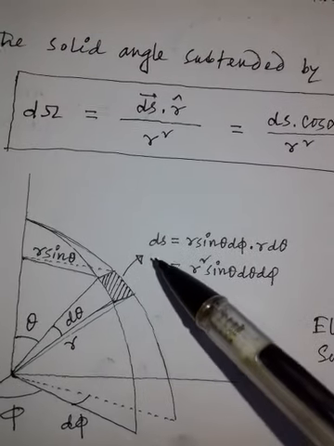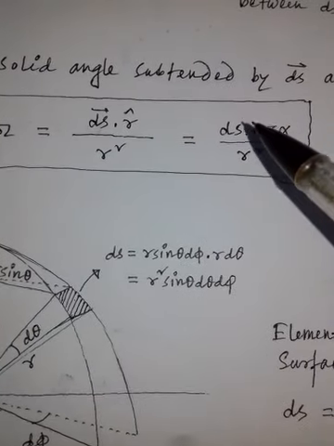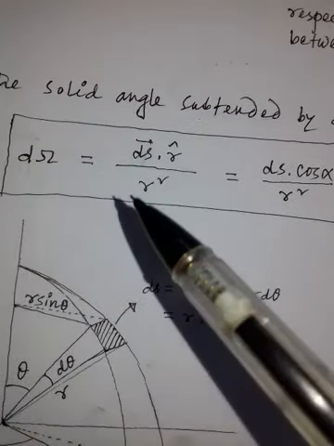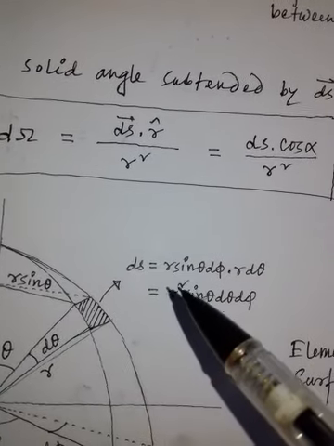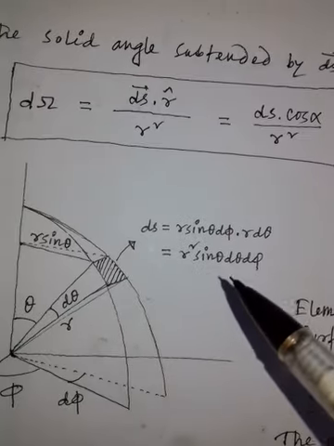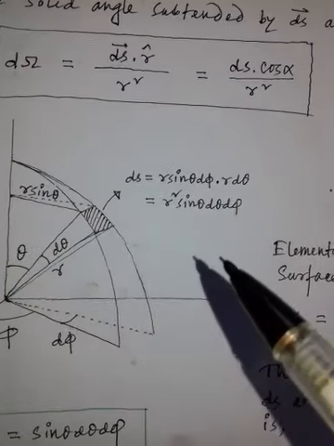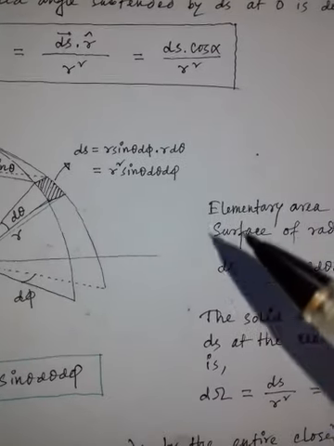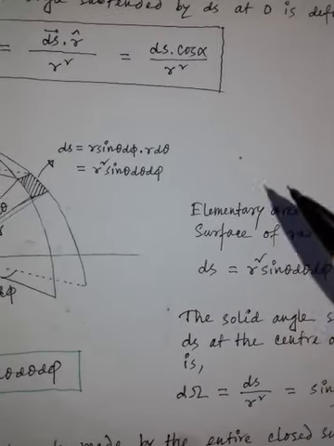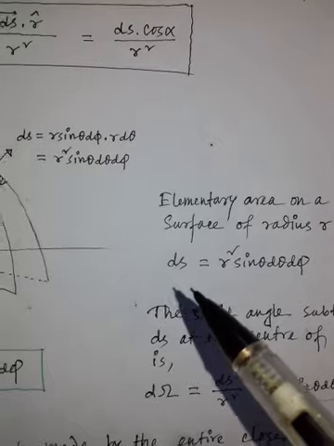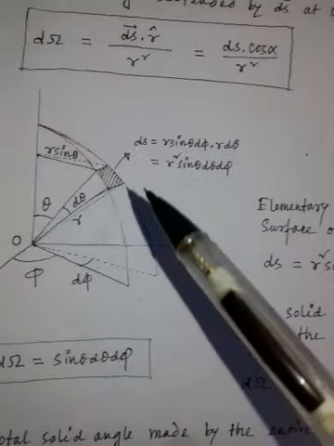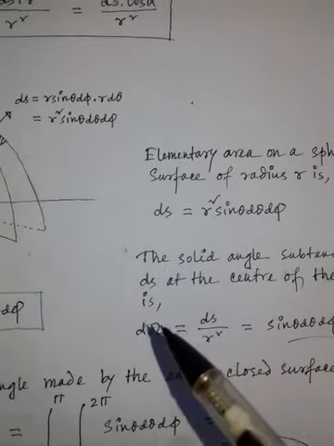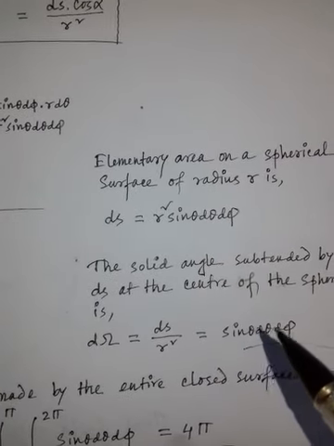So the angle between ds and r, alpha, is equal to 0 here. So we need not take the dot product here. We get the simple expression of the solid angle as area by distance square, ds by r square, and it is equal to sin theta d theta d phi.